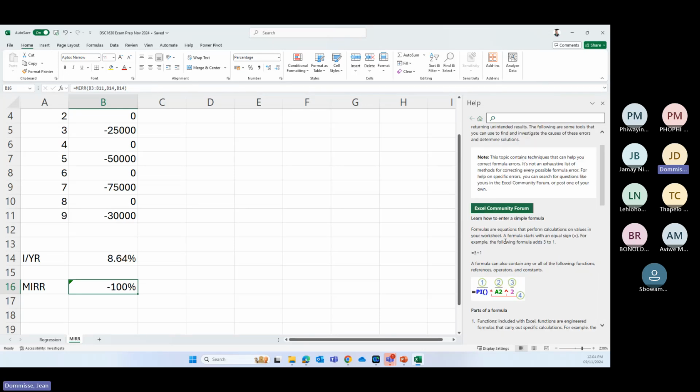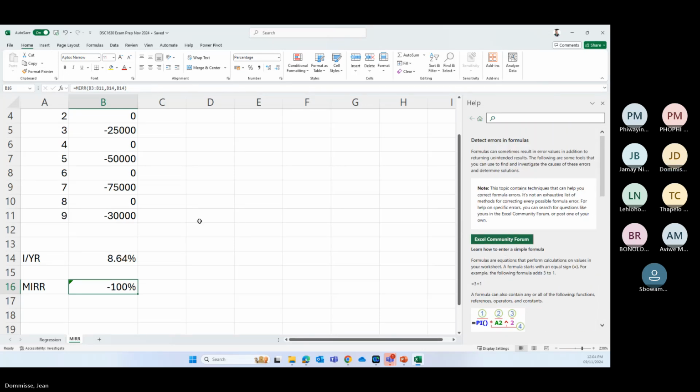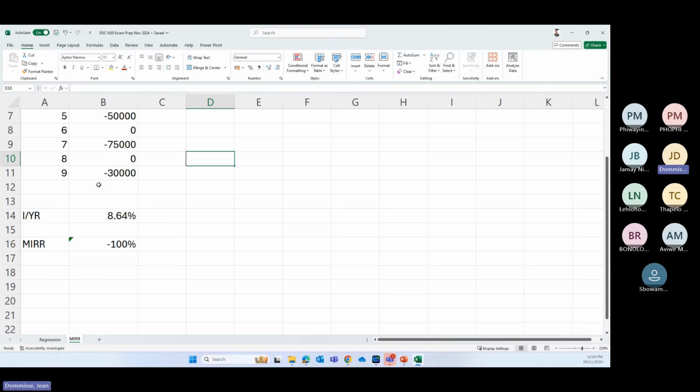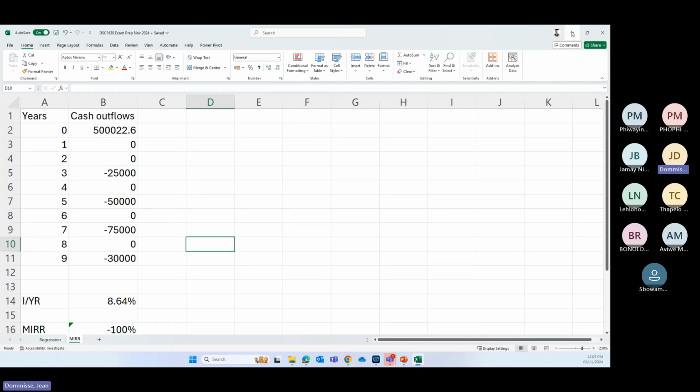I will do that this afternoon before I send the spreadsheet so that we can just get that. So that you have the easier route to this as well.